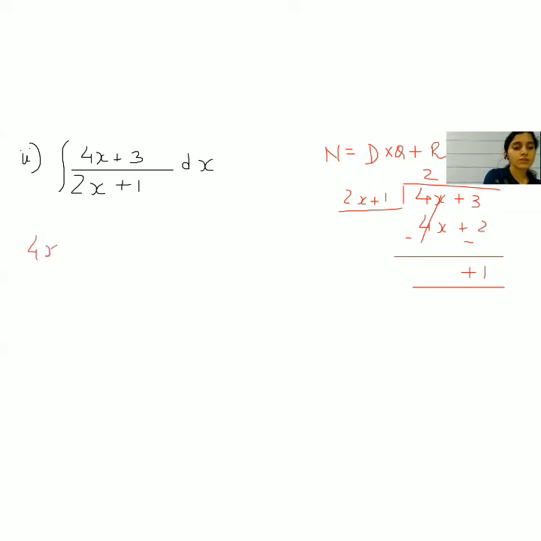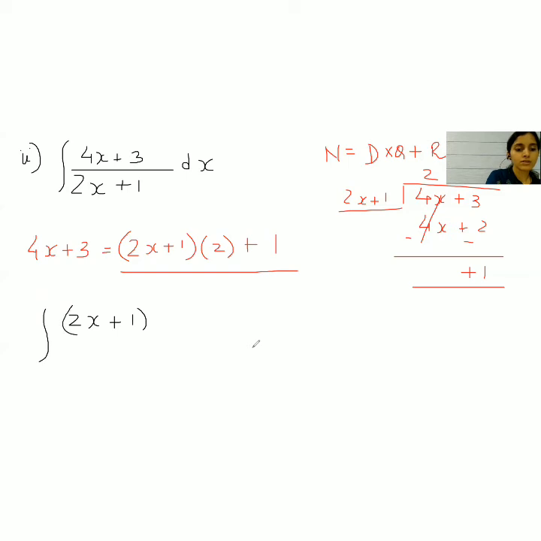Let us express the numerator now. So 4x plus 3 was my numerator, is equal to denominator, that is 2x plus 1, multiplied by quotient, that is 2, plus remainder, that is 1. So numerator now will be written as this. Let's change the sum now. It will be integration of 2x plus 1 into 2 plus 1 divided by 2x plus 1, dx.